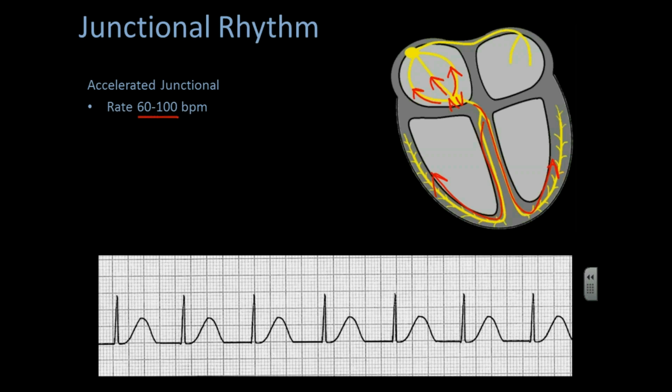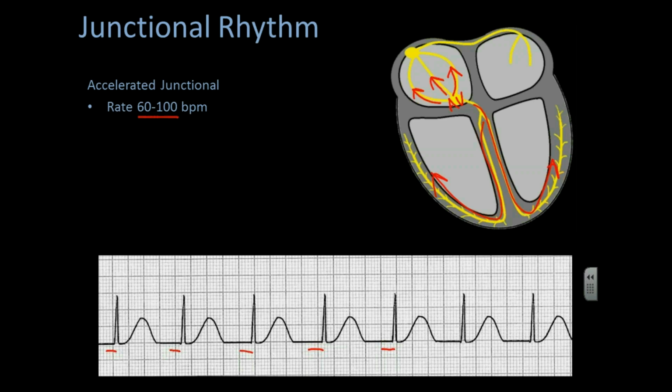So we can evaluate it by looking first for the P waves. And I don't see any P waves anywhere. Looks like they're hidden. The QRS is pretty narrow, looks like maybe 0.08, something like that. So that excludes it from, let's say you were looking at a rhythm strip and the rate was slow and there were no P waves, so you're thinking, okay, is this idioventricular rhythm?